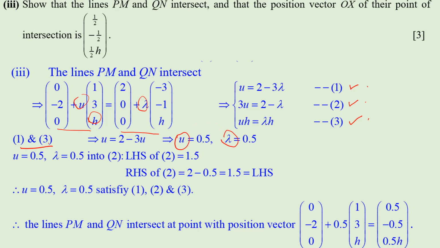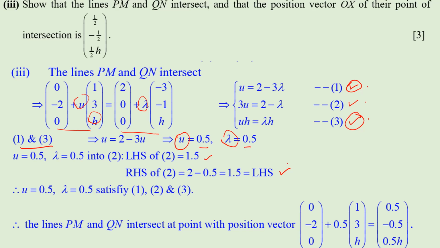So I need to use equations 1 and 3. With equations 1 and 3, you'll be able to solve and get your values for u and lambda to be 0.5 and 0.5 respectively. With these 2 values, sub into equation number 2. Then check the left hand side and the right hand side.